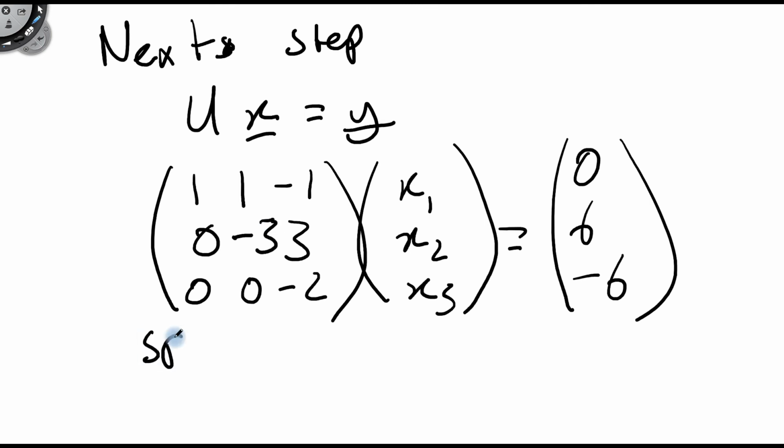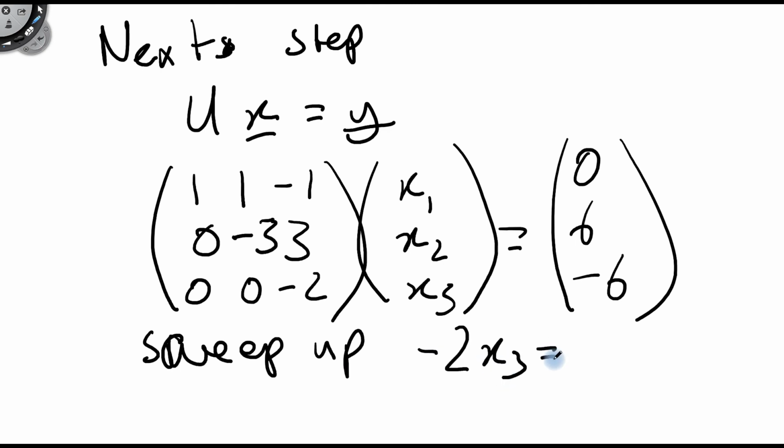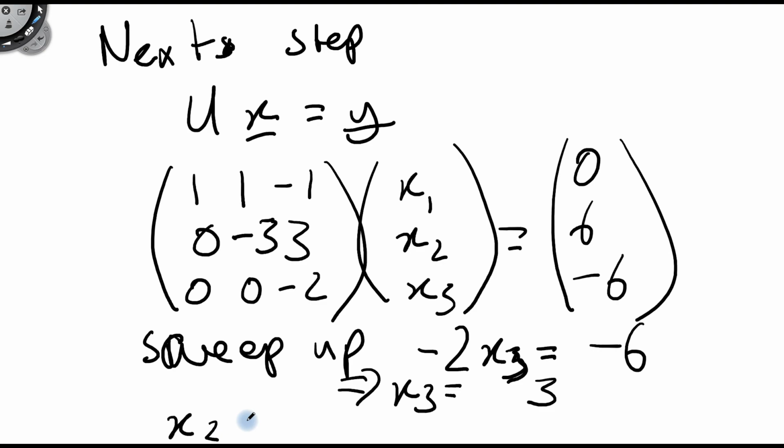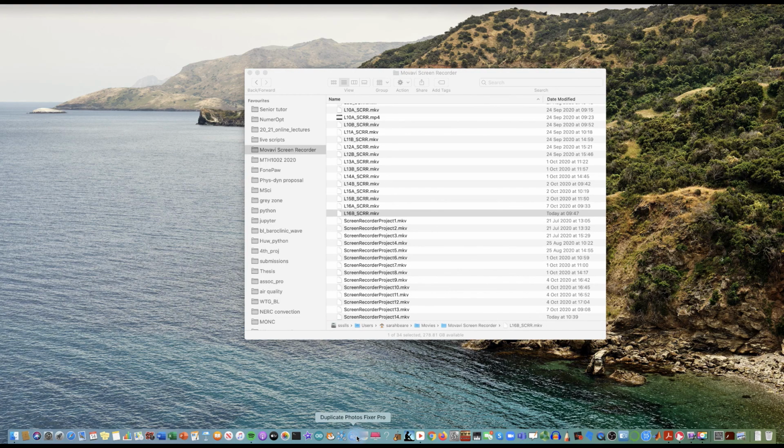You now sweep up, starting from the bottom corner. So there we have minus 2 times x3 equals minus 6, which implies x3 is 3. And equivalently, you do the next two steps. If you want all the individual steps, they are in the lecture notes. Equivalently, you also get x2 is 1, x1 is 2.